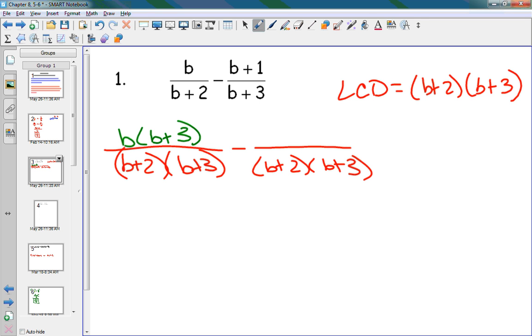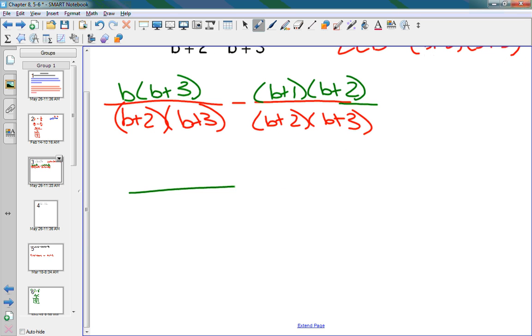Well, what did I multiply b plus 3 by to get b plus 2 times b plus 3? What did you do to the bottom? You must do to the top. Do we all see that? Well, now guess what? They have loved each other so much that now they decided to get married. So when you marry two fractions that are attached by addition or subtraction, you are simply writing them as one long, ugly fraction.